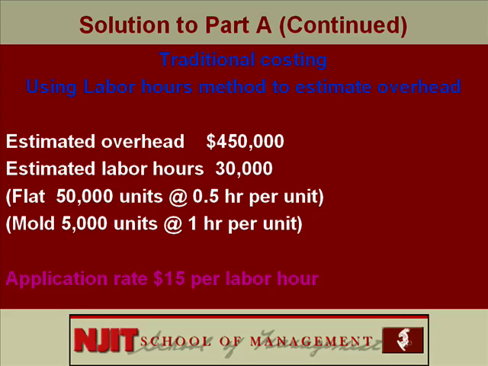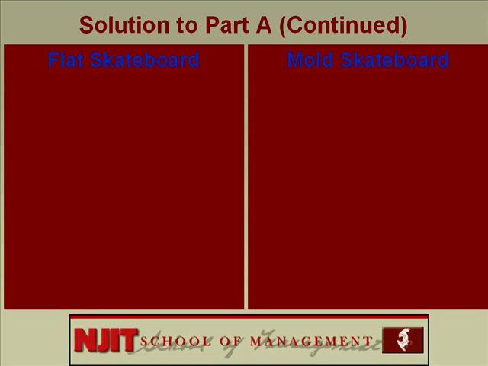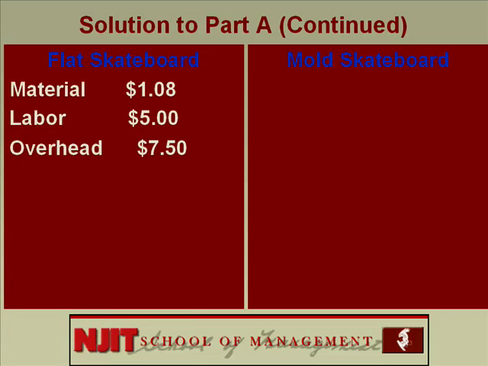Now, let's summarize the information for both types of skateboards. For flat, the information looks like this. Material $1.08 per unit, labor $5 per skateboard, overhead you charge $7.50.